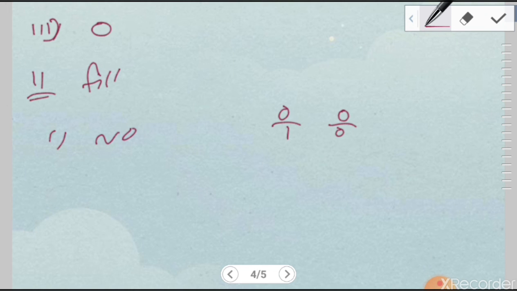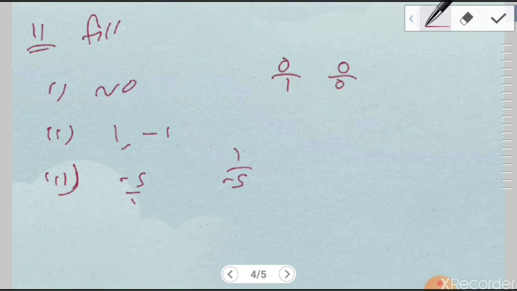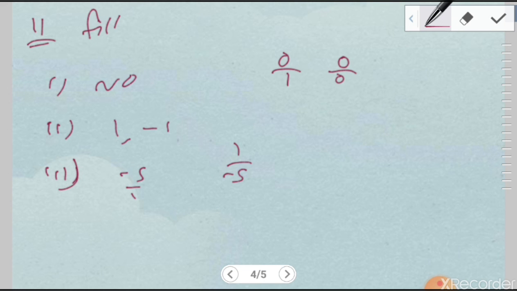Previously we discussed that 1 and minus 1 are both their own reciprocals. Then the reciprocal of minus 1 upon 5 is minus 5. The reciprocal of 1 upon x is x.